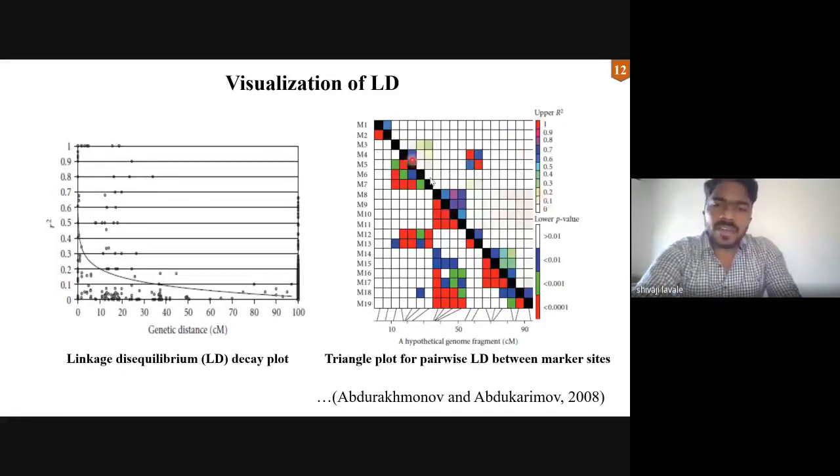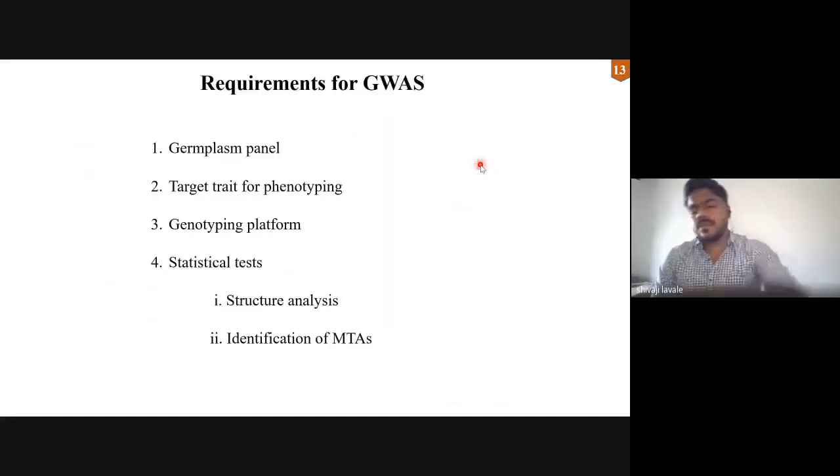Then the lower triangle will represent the respective p-value. The p-value represents the significance of those R square values. So this is how we can visualize and represent the LD. So till now we have seen association mapping, the basis of association mapping, that is LD, how to estimate LD and how it is represented.